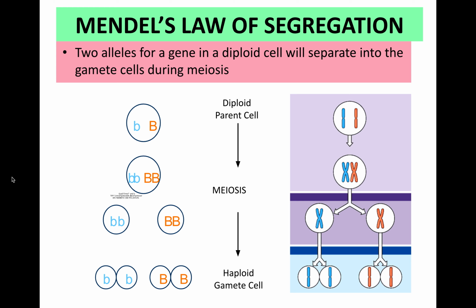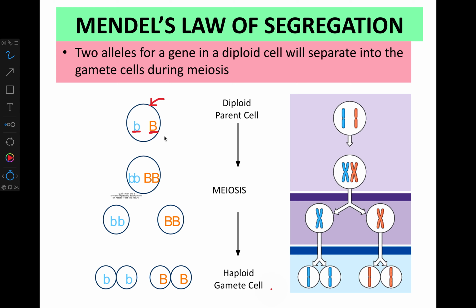So the reason that this exists goes back to this idea of meiosis. So let's break this down a little bit according to Mendel's law of segregation. So what's going on is this is our cell. And in our cell, we have something from dad and something from mom.